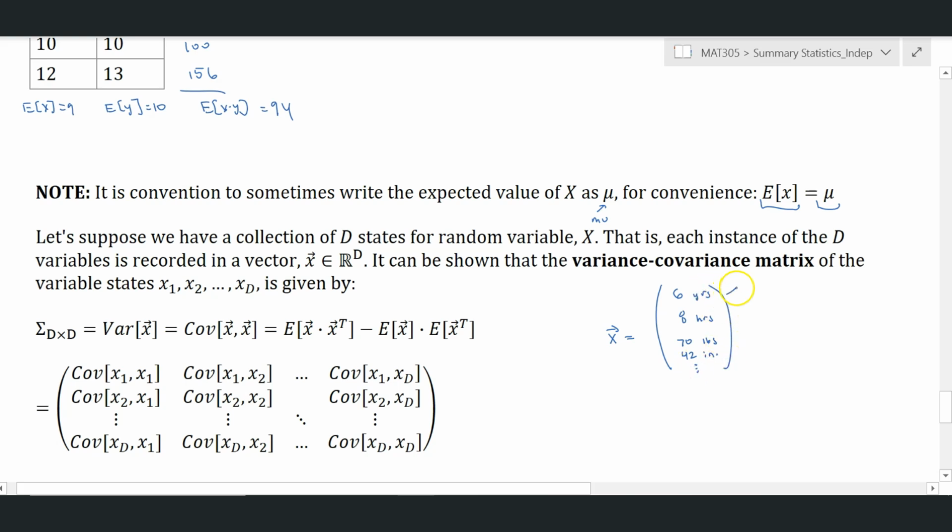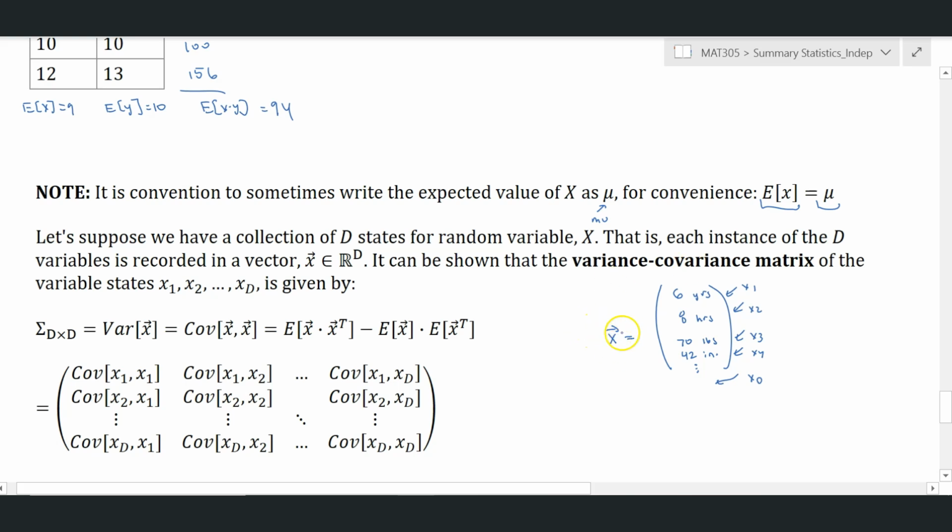So basically, this would be what we call the first instance, or the first state, the second state, the third state, fourth state, and then down here we would eventually have the last state, x sub d. So we have d random variables.